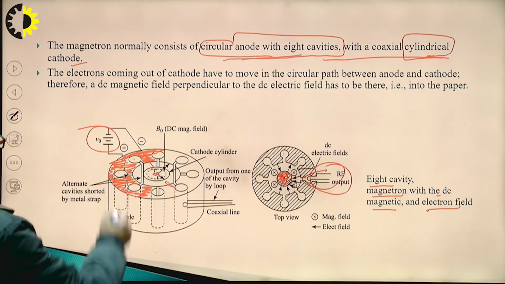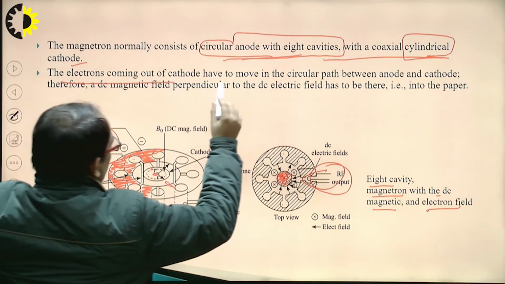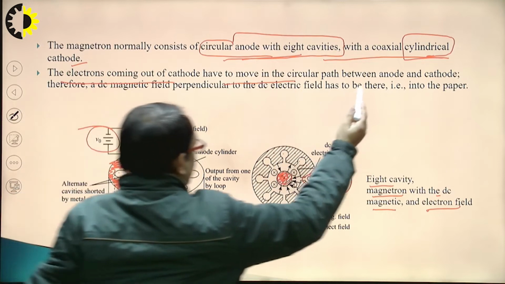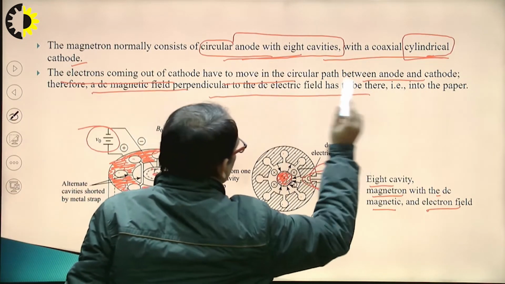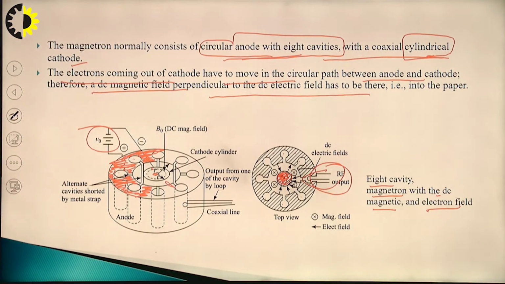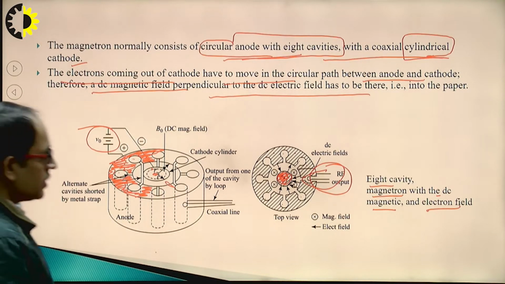Now see, the electrons coming out of the cathode have to move in a circular path between the anode and the cathode. Therefore, the DC magnetic field perpendicular to the electric field has to be there, directed into the paper.